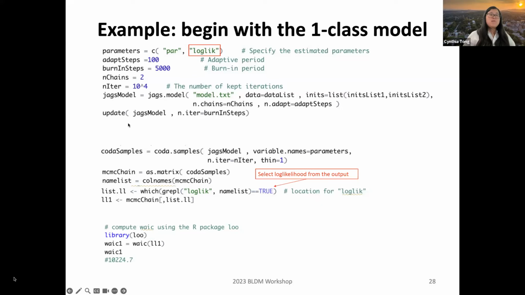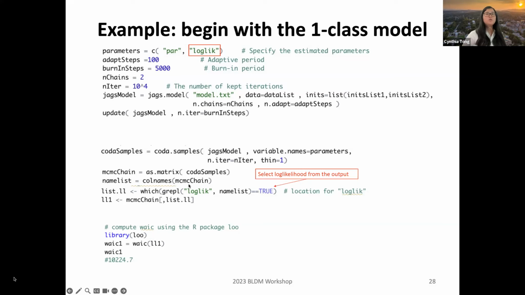Then we update our model by assigning the burn-in period. Within the burn-in period, which is the first 5,000 iterations, we throw them away because they didn't converge. After that, we record the CODA samples, which are the empirical posterior distributions.